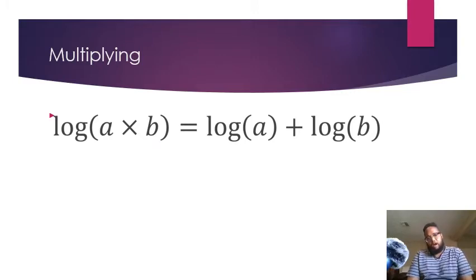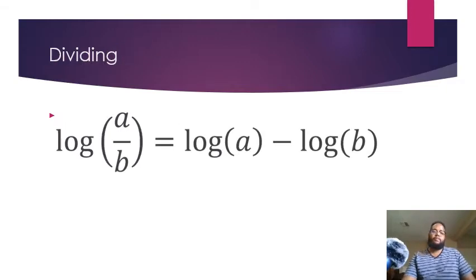If you're taking the log of 2 numbers that are multiplying each other, you can take the log of each one separately and add them together. It'll be the same thing. So if multiplying makes you add, then guess what subtracting does? Subtracting makes you divide. So log of a divided by b is the same thing as log a minus log b.